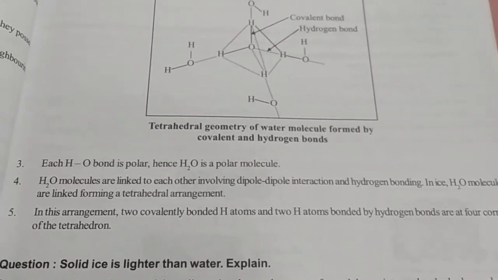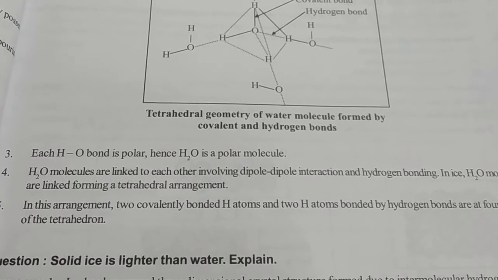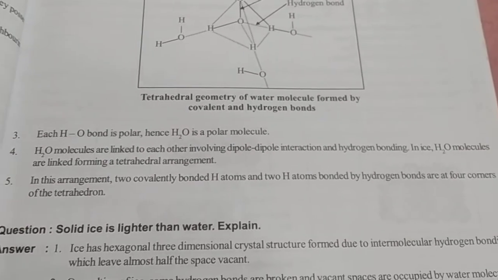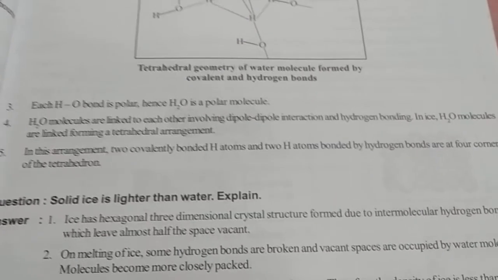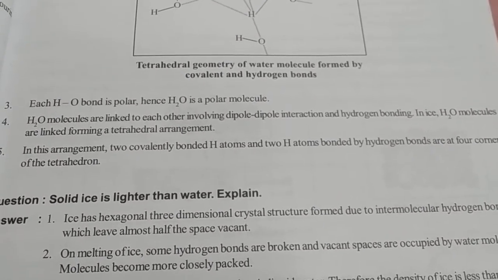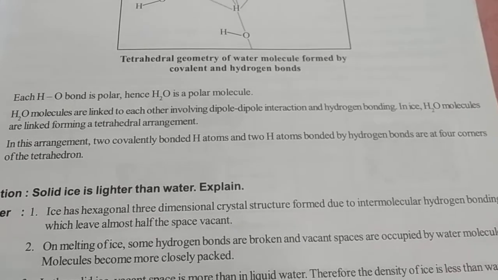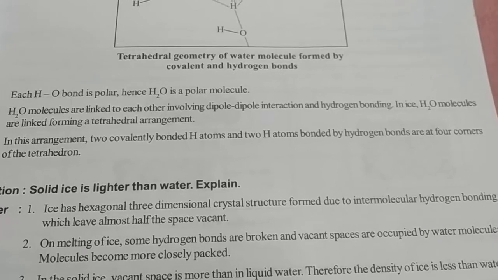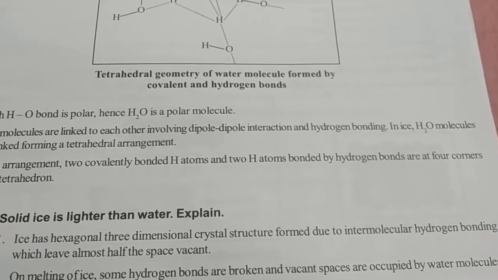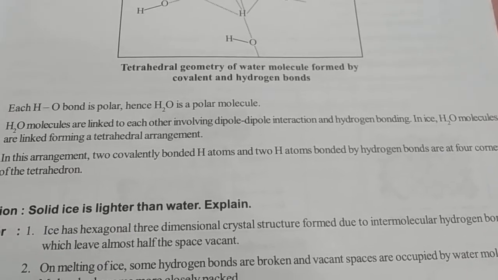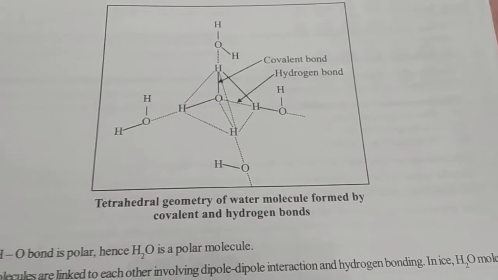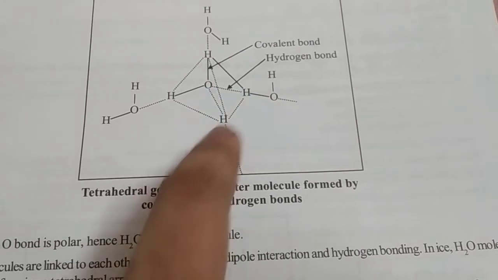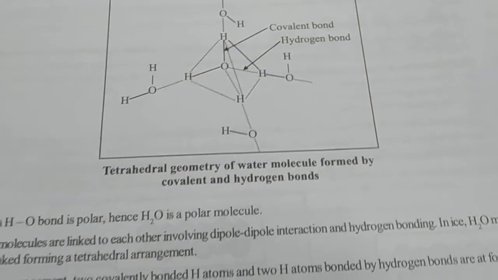In ice, water molecules are linked, forming a tetrahedral arrangement. In this arrangement, two covalently bonded hydrogen atoms and two hydrogen atoms bonded by hydrogen bonds are at the four corners of the tetrahedron. It is already given in the structure. This is the tetrahedral arrangement of the water molecule.